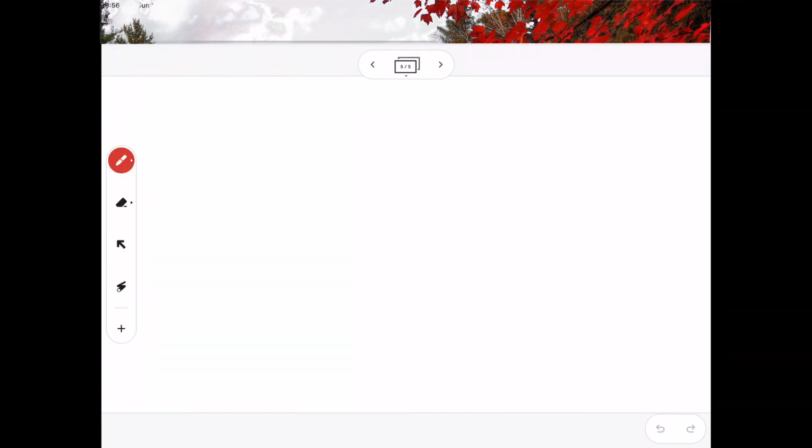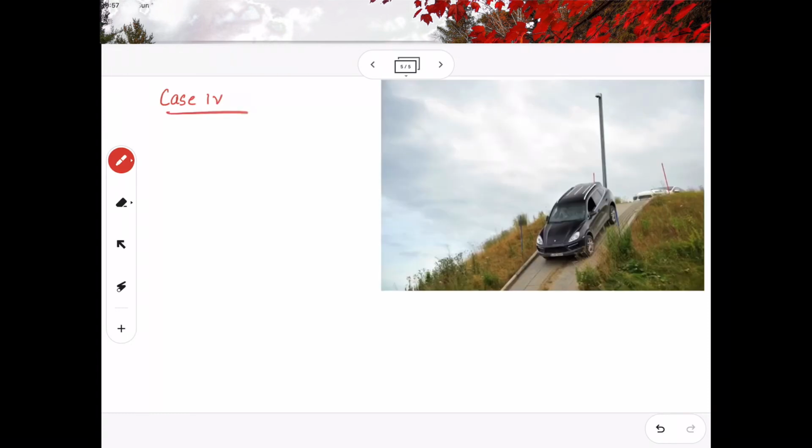Now let us consider case 4. So here you can see that a car is moving on an inclined road which makes an angle. For example, this is the horizontal and the road makes an angle theta with respect to the horizontal. So here the weight of the car will be always acting downward.